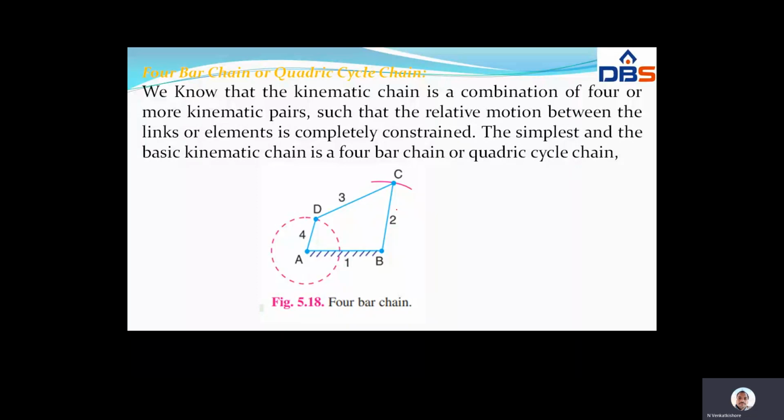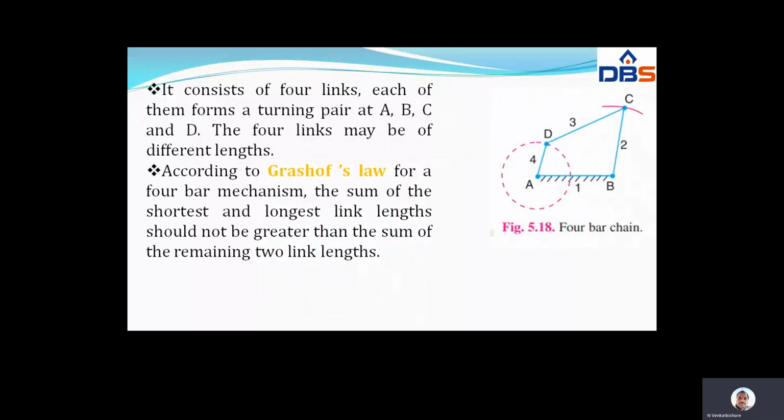This is the simplest and basic kinematic chain: the 4-bar mechanism, or quadric cycle chain. It consists of 4 links. Each of them will form a turning pair at A, B, C, D. So if you see the 4-bar kinematic chain, at every point A, B, C, D, they will form a turning pair.